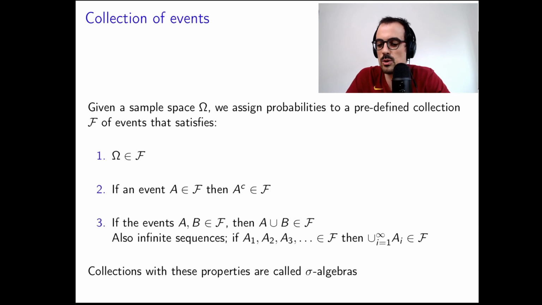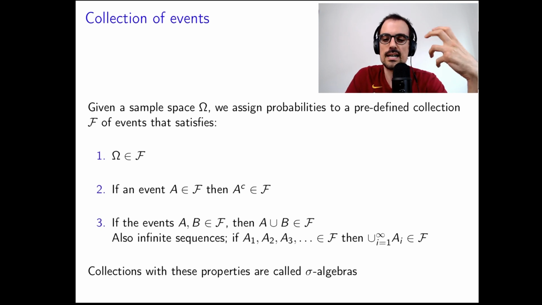And I would look at this and think, I don't know, why are we doing this? This seems completely arbitrary. However, if you start thinking of the intuitive definition of probability and what these events actually mean, it makes a lot of sense, right? You want to include your whole sample space in the sigma algebra. You want to include a complement of any event that you consider, and you also want to include unions.